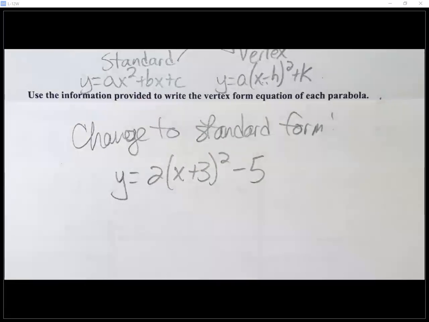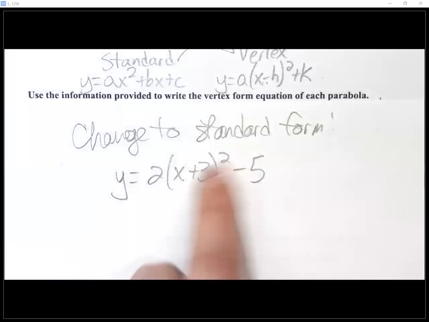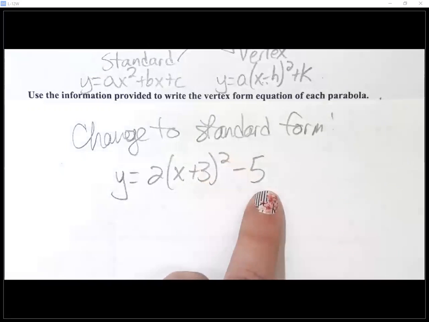Would you do negative B over 2A? It's easier than that. But you might have put in C, because if you actually square this, you're going to get a constant there too. It's going to combine with that.